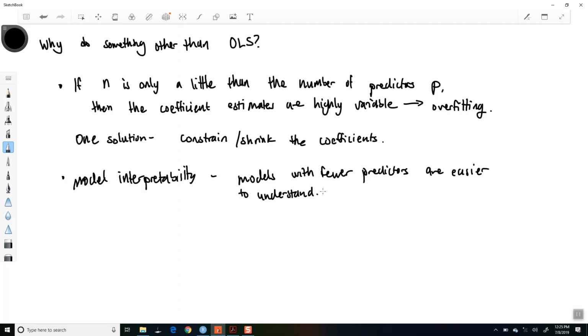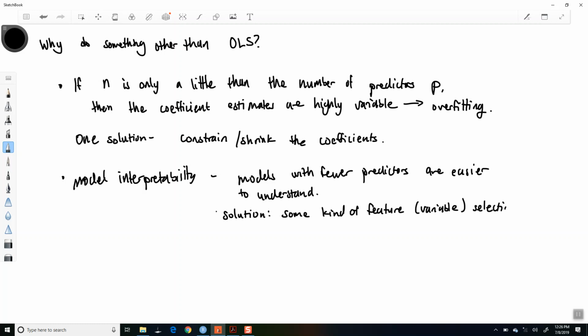Okay, and so can we perform some kind of feature selection, right? So the solution here is some kind of feature or variable selection.